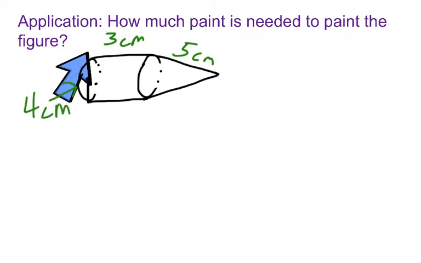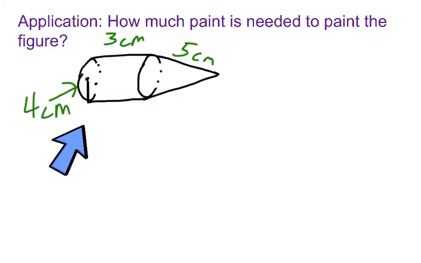So rather than thinking of this as one cylinder and one cone, it's a cone that's attached to a cylinder. So what would we really be painting here? Well, we'd paint this base. We'd paint the lateral area of the cylinder, but would we paint this base? No. We wouldn't, and that's part of the cone and part of the cylinder, so we would not paint that, but we would paint the lateral area of the cone.